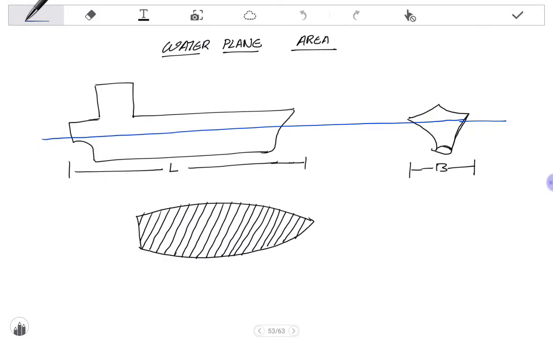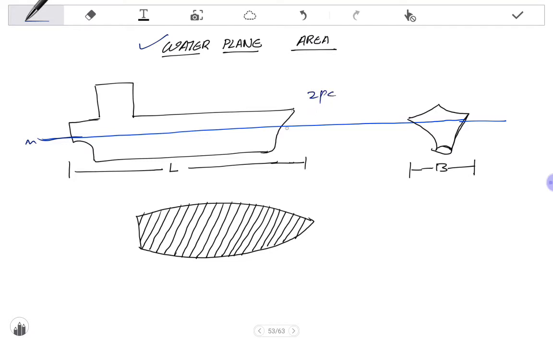Now next topic is water plane area. When the vessel is floating, this is the water line. We have to assume that the water is cutting the ship into two pieces.